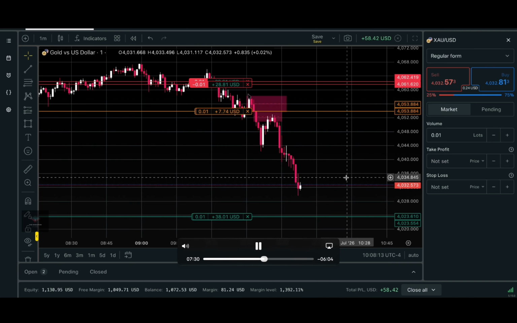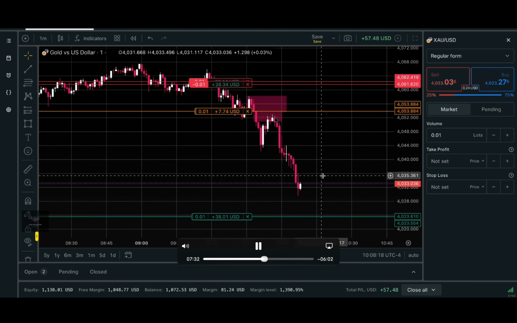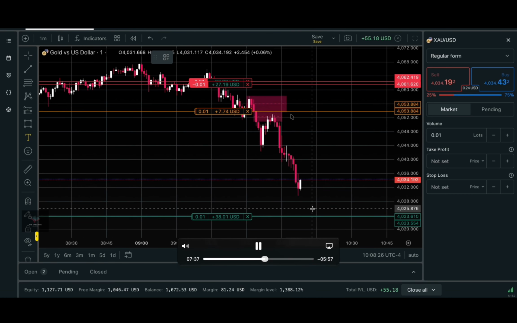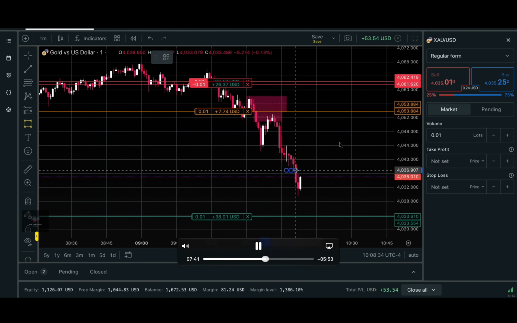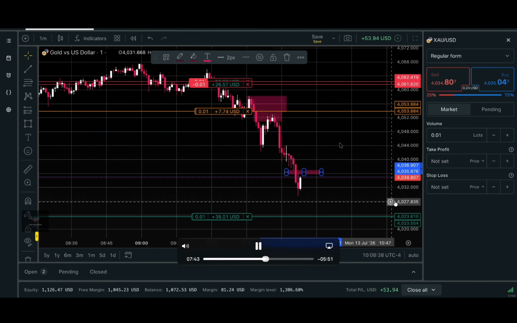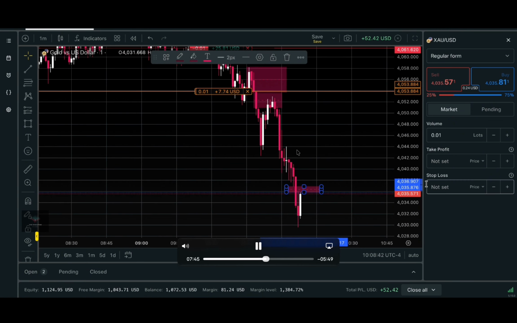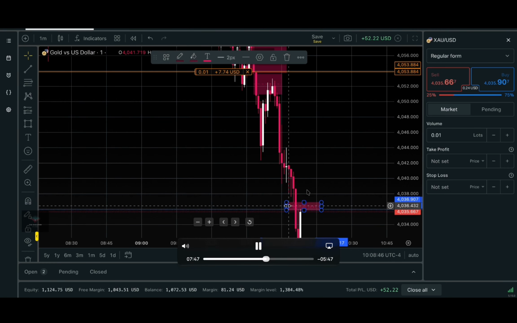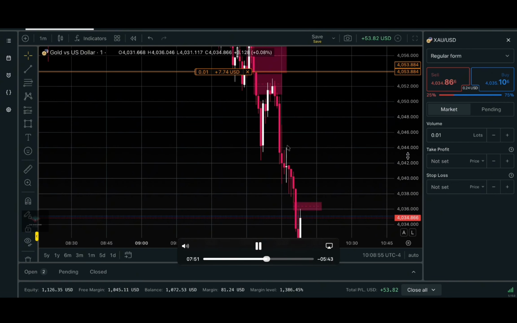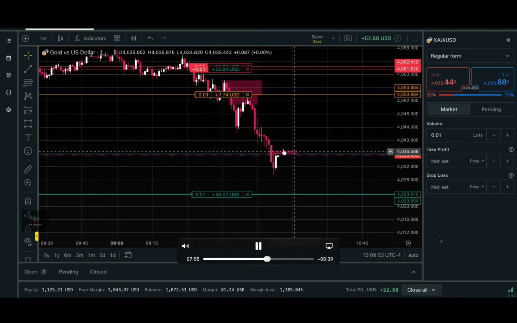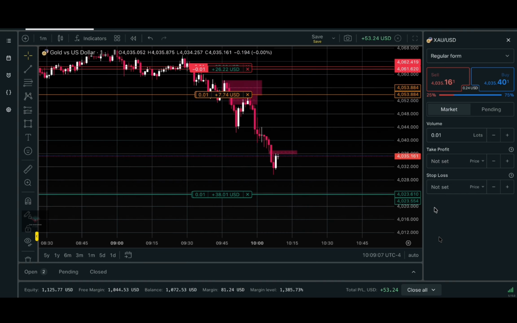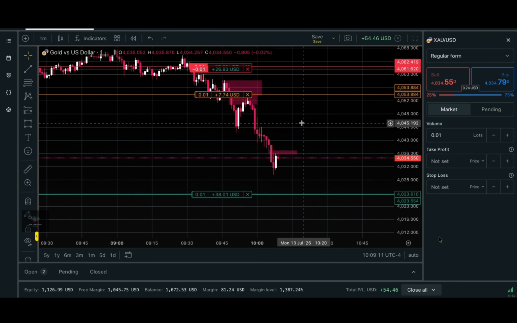Now, there, I've moved my stop loss to this high because I didn't want it to be taken out. That is a fair value gap, but the market is more likely to come here and offer a better price for sellers to sell on.